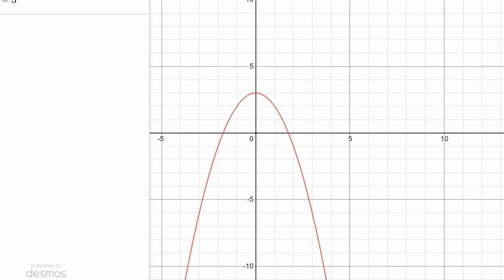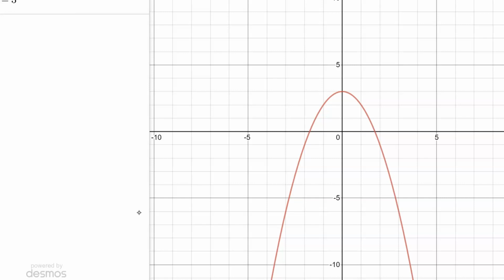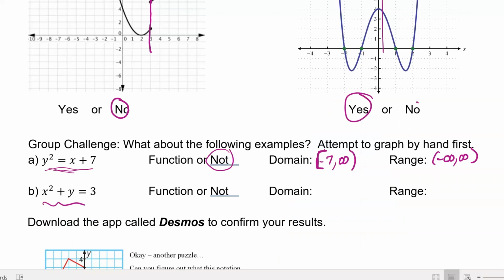The domain is from negative infinity to positive infinity, but notice the range is negative infinity to what this is right here, and that's 3 on the y-axis. So it is a function. It passes the vertical line test, and domain is from negative infinity to positive infinity, but the range is from negative infinity to 3. And that concludes this video on functions.